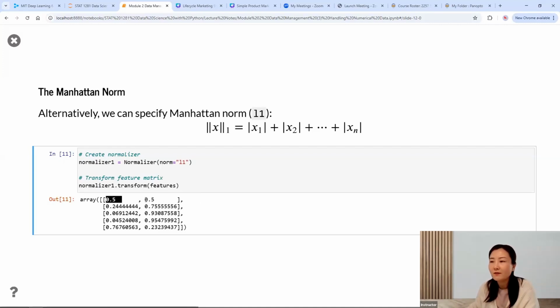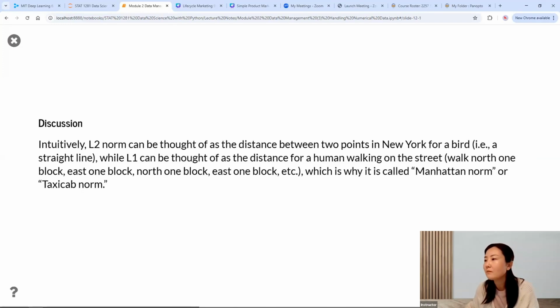So now this is very obvious: 0.5 plus 0.5 is 1. All of them are positive, since originally they were positive. The sum of them is always equal to 1. This is another way to normalize your data using the one norm. The L1 norm is also called the Manhattan norm.